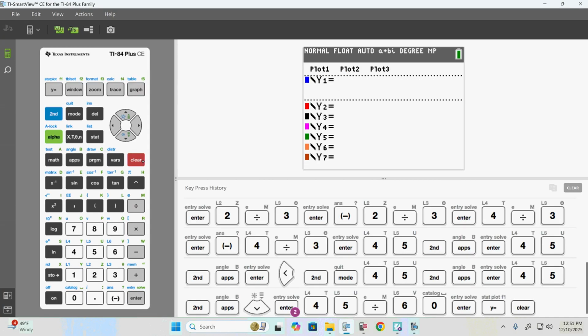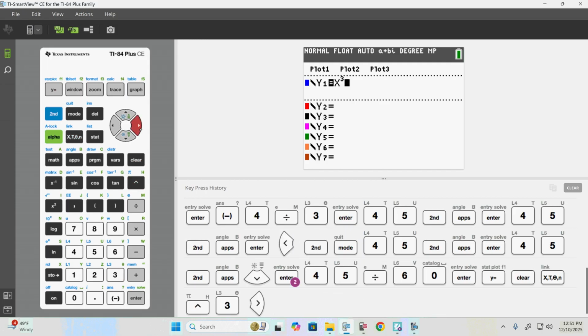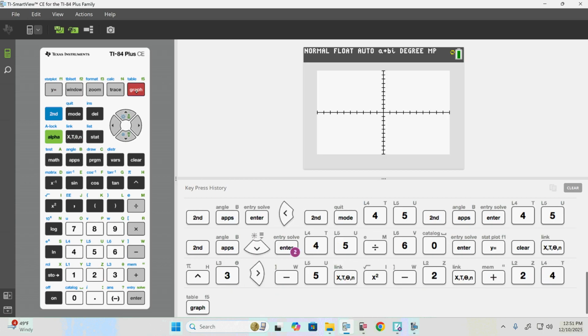If we type it in there and graph, it will give us the graph, and we're looking for what values of x will make the y value be 0. We're looking for where it's going to cross the x-axis. We're looking for the values of x that will make the function equal 0. And we see here it does cross the x-axis in 3 points.